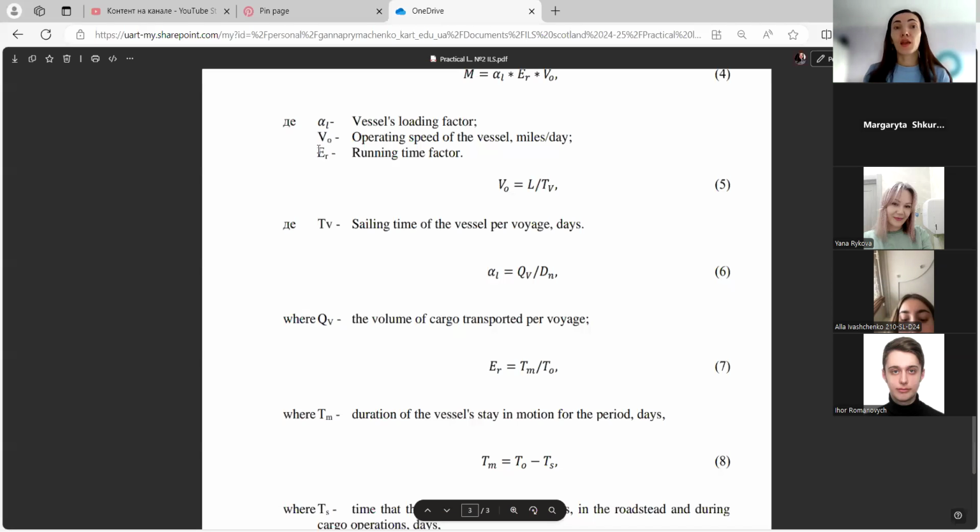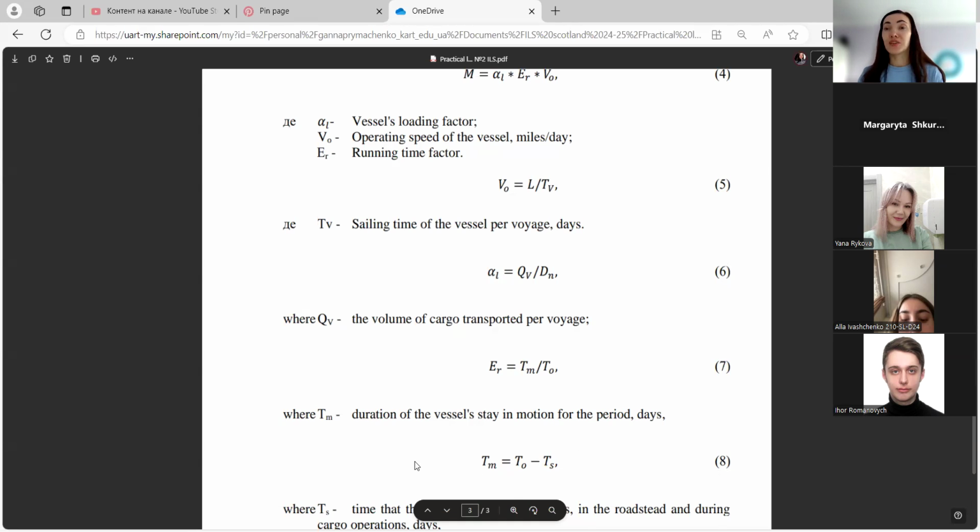So we use it. Write E, formula number 7. E with index R is equal to, yes, use the result of our formula 8. We do it.